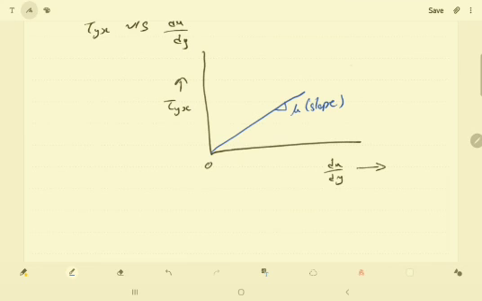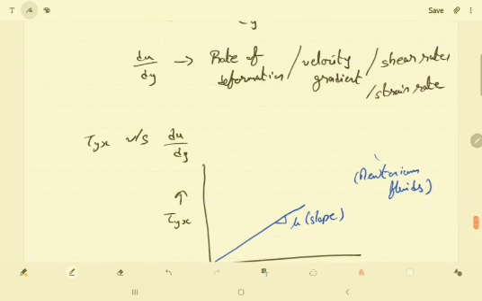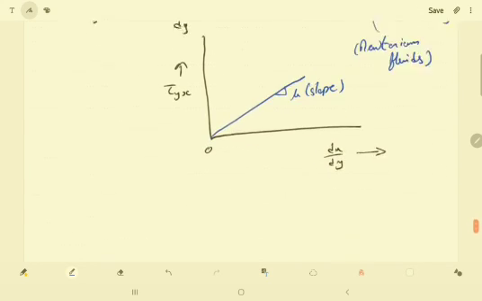It is generally a straight line for Newtonian fluids. What are Newtonian fluids? Fluids which obey Newton's law of viscosity.